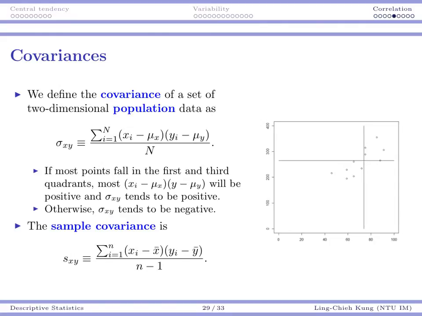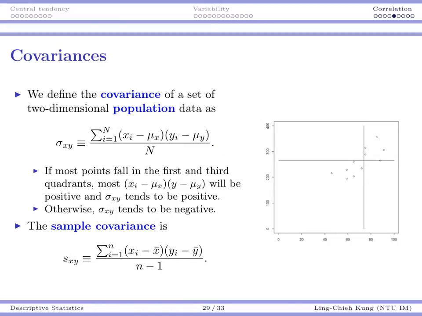So based on this intuition, we define the covariance of a set of two-dimensional population data as this, sigma xy. For each data point i, we calculate the product of xi minus mu x times yi minus mu y. For all the products, we sum them up and take the average.